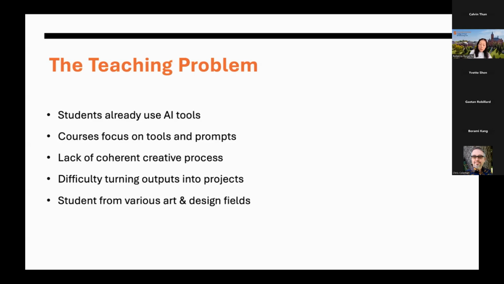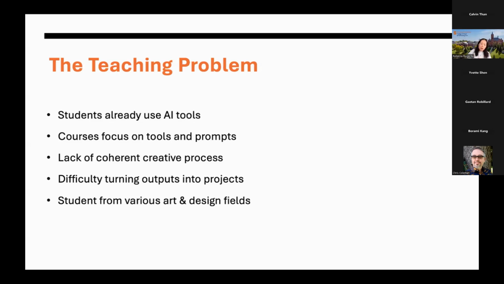The first is that students are already using AI tools, but their knowledge is fragmented. Most of what they learn is tool-based, how to prompt, how to generate, but there's very little about how to make it into a project, how to incorporate it into their own creative process. So basically there's a lack of a coherent creative process.